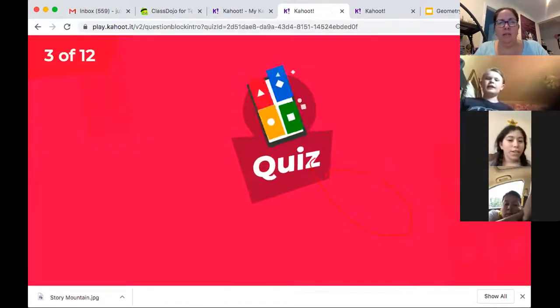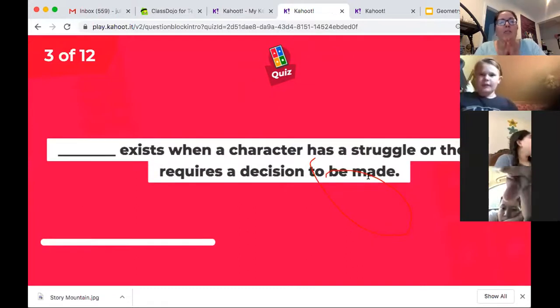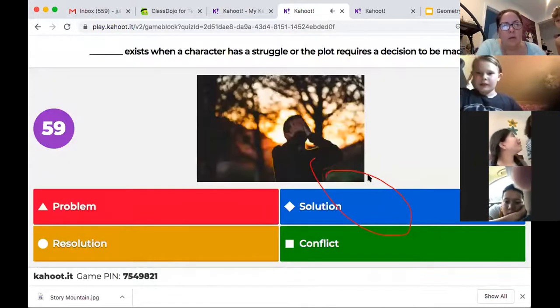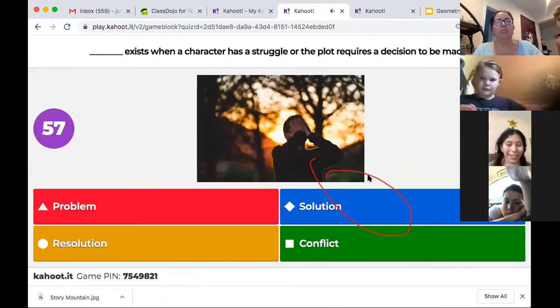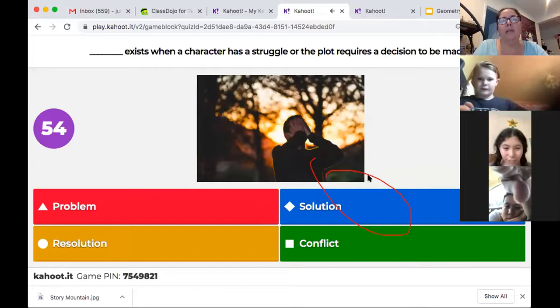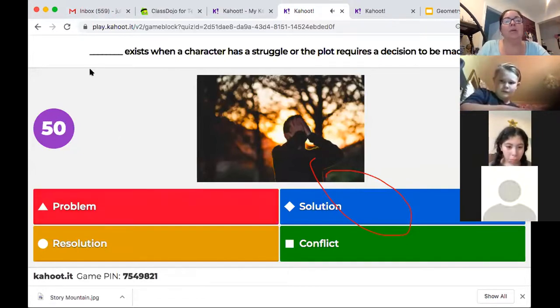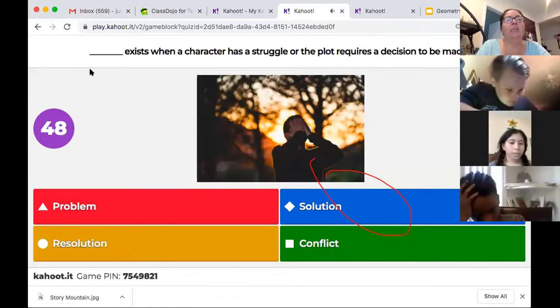Don't jump, don't jump. All right, here's the next question. Something exists when a character has a struggle or the plot requires a decision to be made.